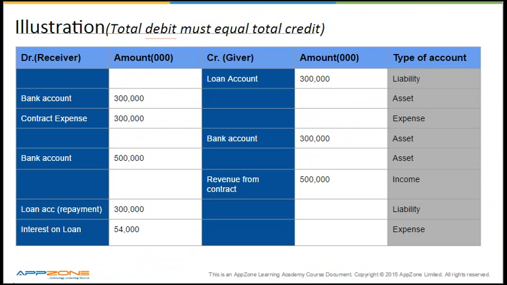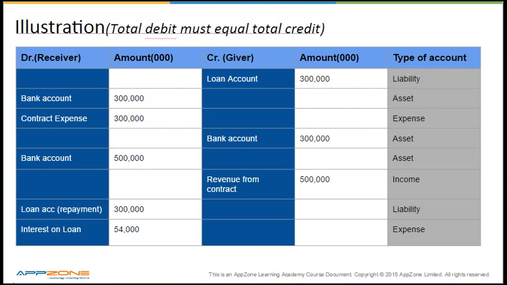Now, we're getting to the very interesting aspect of it, that part where ZoneTech gets paid for the job done. Our contractor paid ZoneTech 500 million naira, which went straight into the bank account of ZoneTech. How will ZoneTech record this?